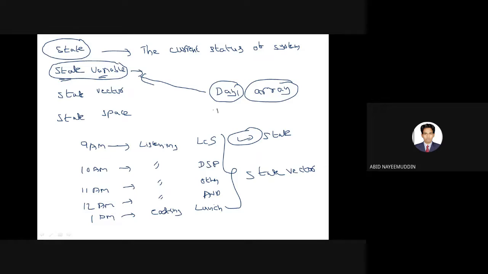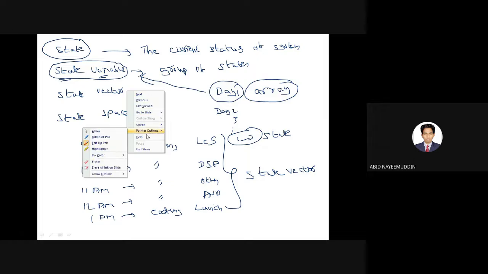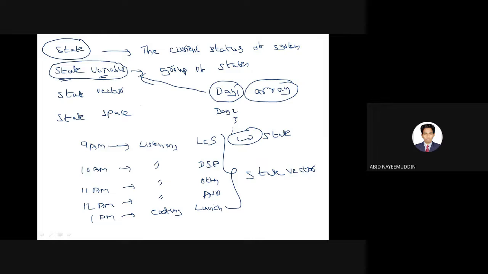Similarly you have a number of days, day 2, day 3, day 4. So the group of these states is known as a state variable.